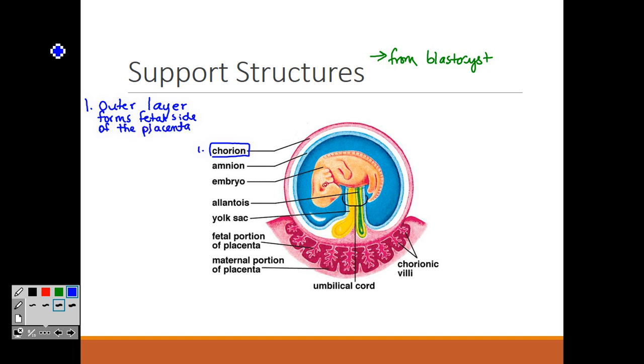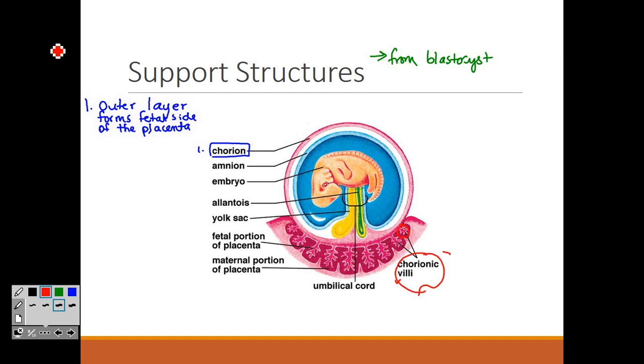So if I follow that chorion all the way around, so it's this external layer here, and I come down here, there are these little structures that look like little upside down trees. Those are extensions of the chorion.